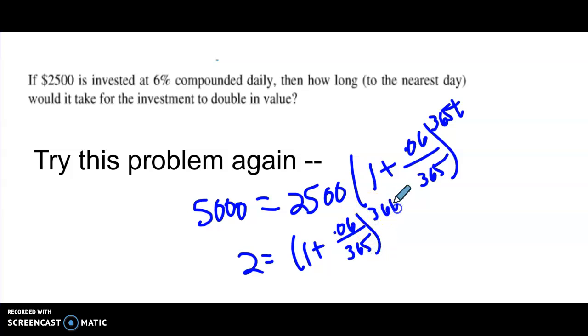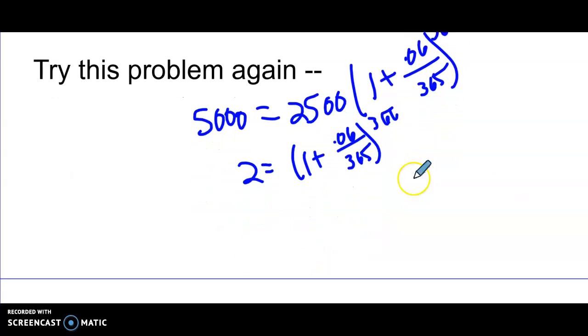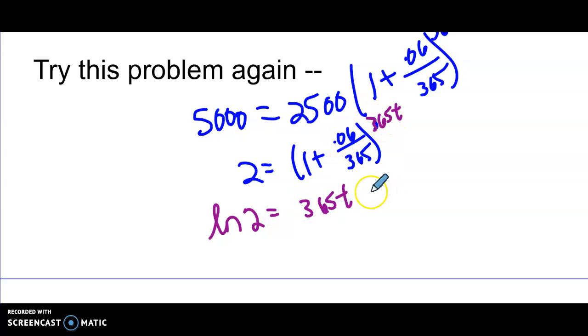But since my variable is in the exponent, 365t, I'm going to take the log of both sides. We didn't do that last time, right? Last time we simply rewrote this as a logarithm, but you can just take natural log or log of both sides, which then will allow you to bring the 365t down in front.